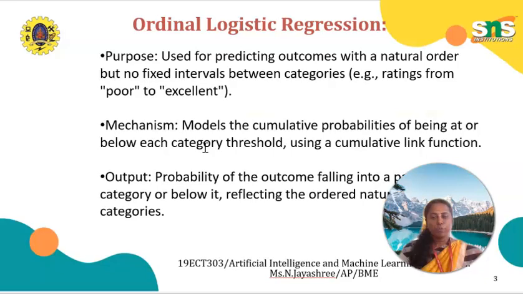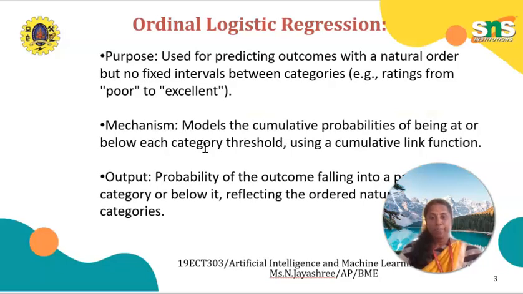It gives the probability of the outcome falling into a particular category or below it, reflecting the ordered nature of the categories.